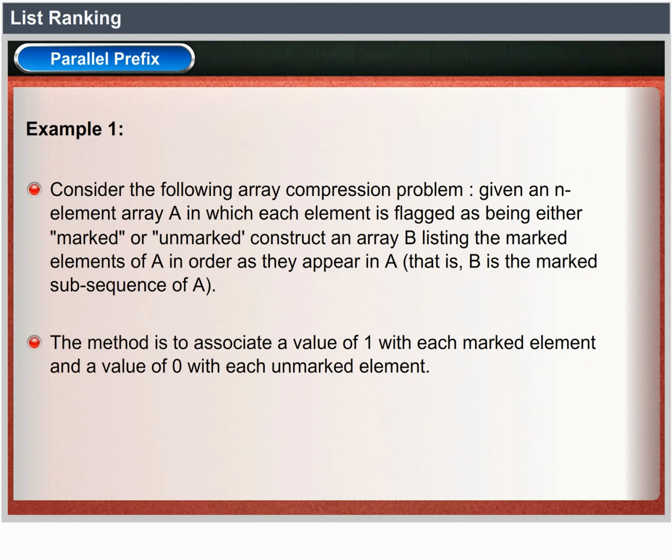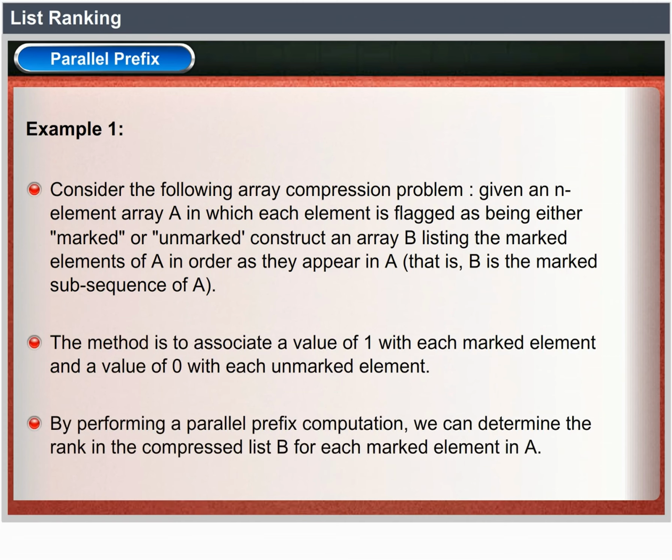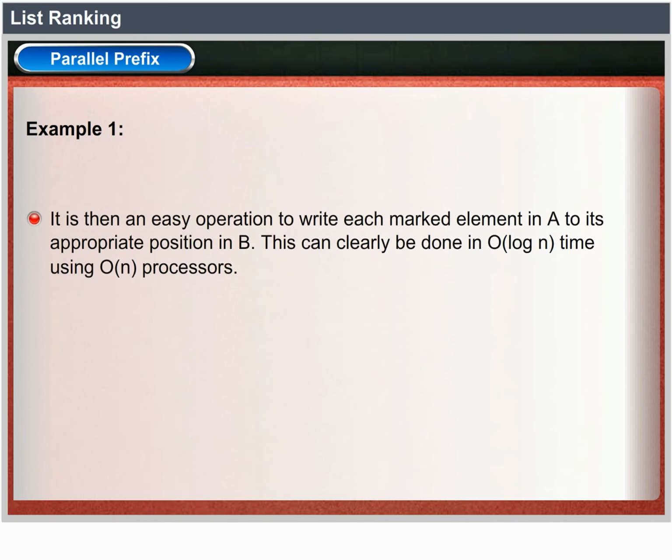By performing a parallel prefix computation, we can determine the rank in the compressed list B for each marked element in A. It is then an easy operation to write each marked element in A to its appropriate position in B. This can clearly be done in O(log n) time using O(n) processes.